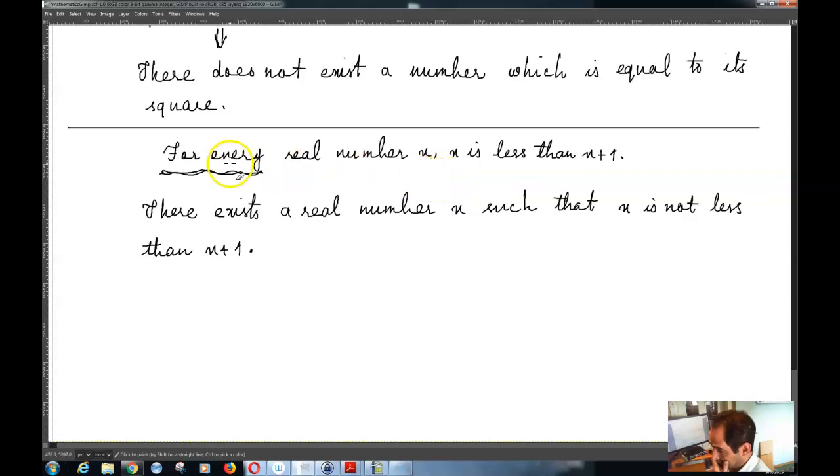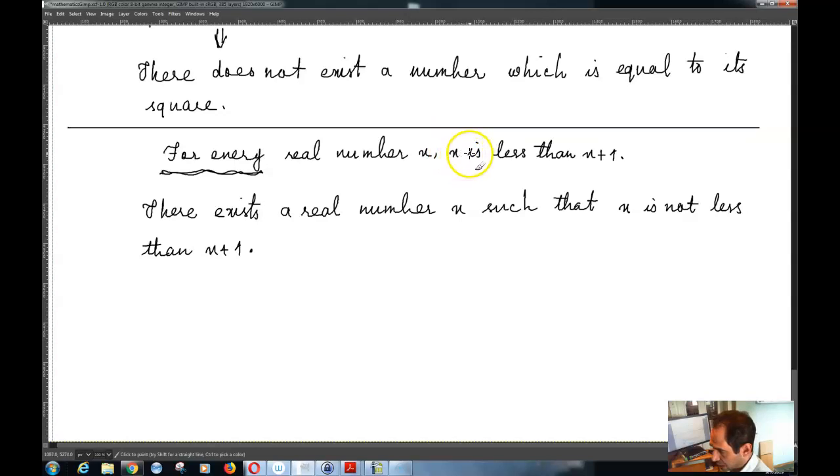So what this statement is saying is that for every real number x, x is less than x plus 1, meaning that this applies to every real number x.